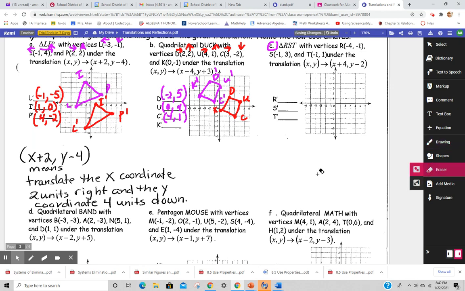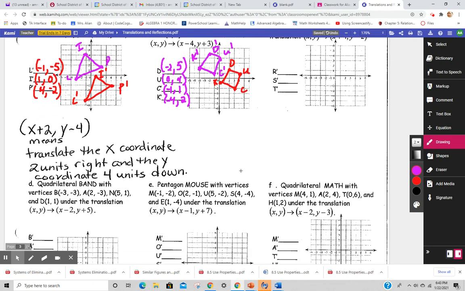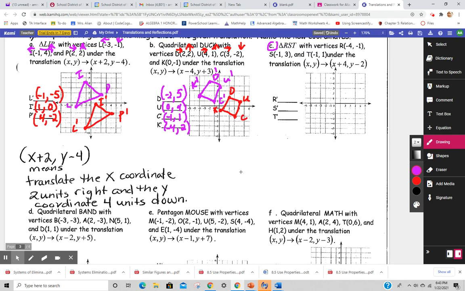And that looks like a 4. Let me fix that. And K is located at -4, up 2. All right, and this concludes this video on translations.